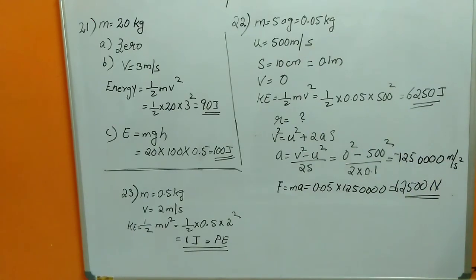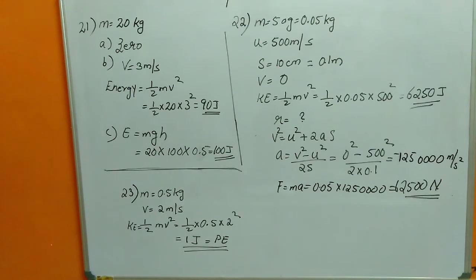That means retardation is the negative of the negative acceleration. You are asked to find retarding force. So F is equal to ma. Force is mass into acceleration. The acceleration is negative, so retarding force is negative of negative, positive. We just substitute and we will get the answer, 62,500 Newton.